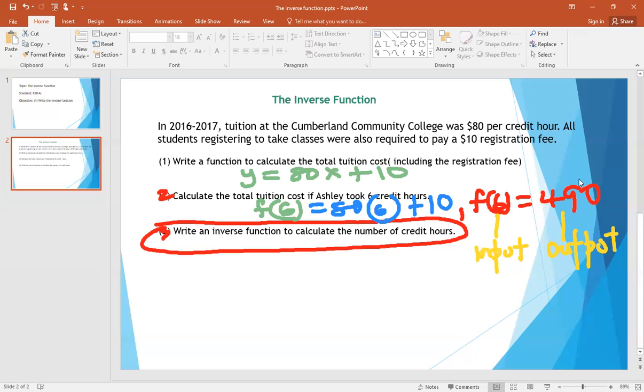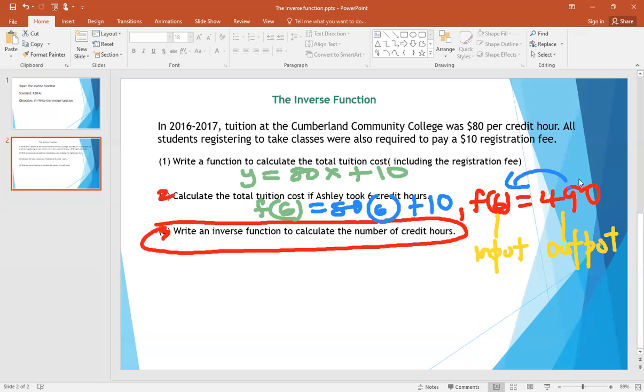So we're going to find this function that would take us from the output to the input. So the function that we created took us from the input to the output. Now we're going the other direction, and that is what is called the inverse.